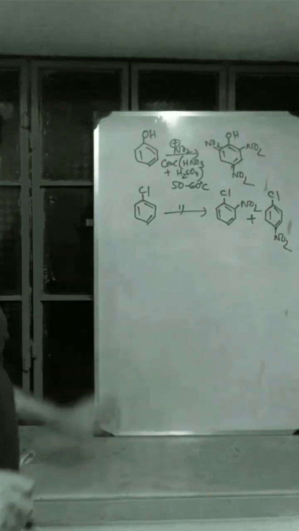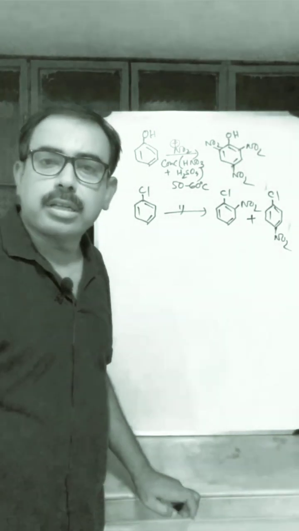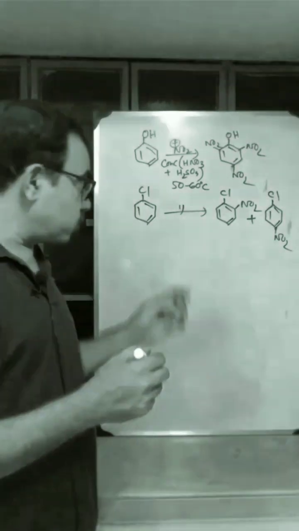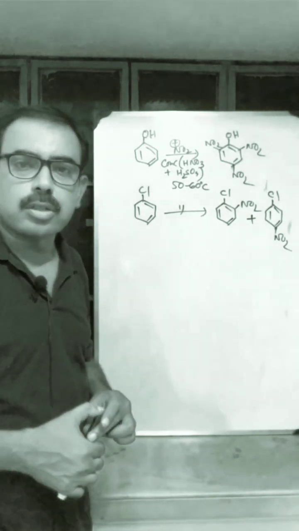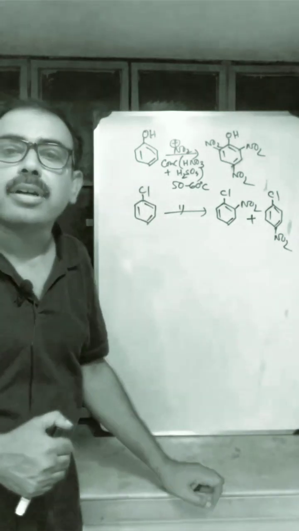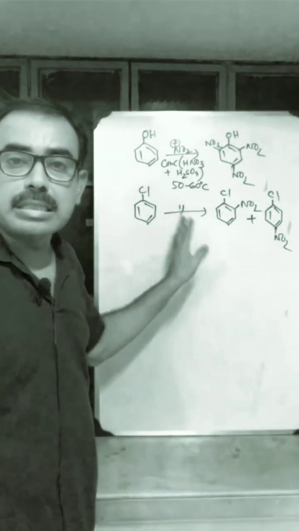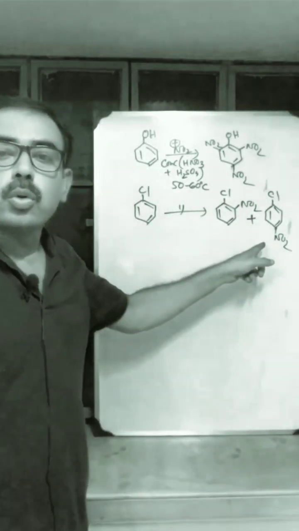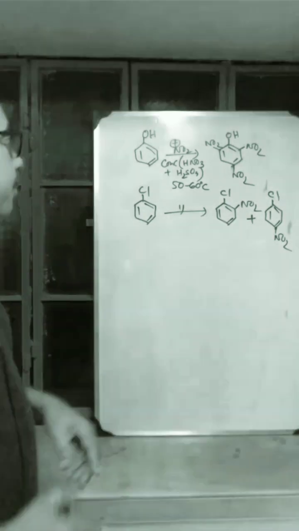Okay, but again chlorine is more electronegative than carbon, so chlorine will shift the bond pair electrons towards itself, so it is a deactivating group. It has minus I inductive effect, so it is supposed to be meta orienting, but here it is acting as an ortho para orienting group. Okay, so why does that happen?